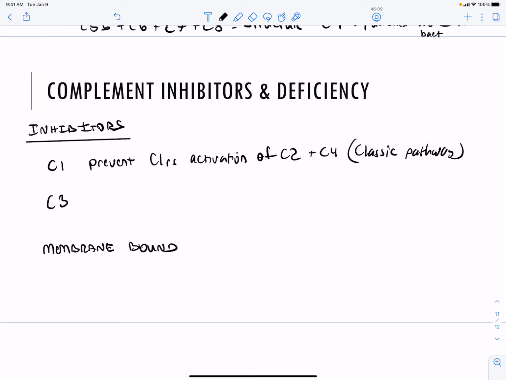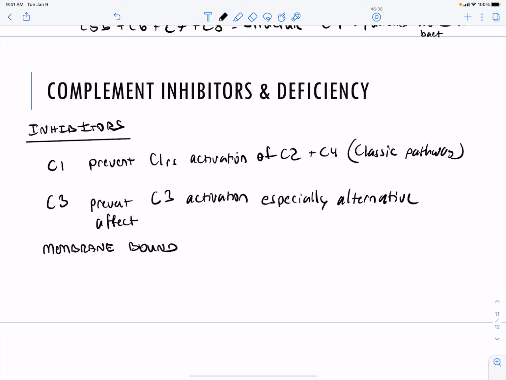There are also C3 inhibitors. These prevent C3 activation, especially the alternative pathway, because it's spontaneous. And so this would affect all pathways because they all converge at C3. And there are also membrane-bound inhibitors, and these prevent MAC.